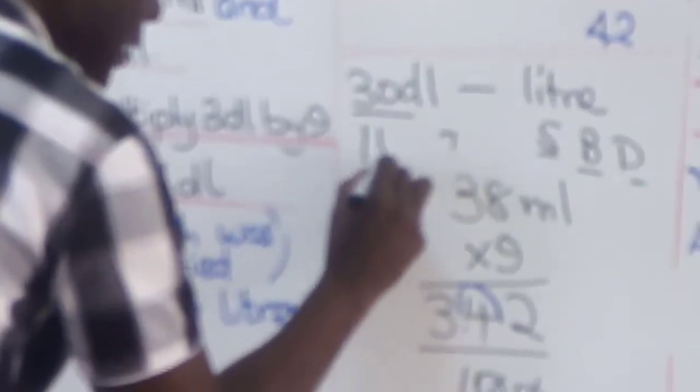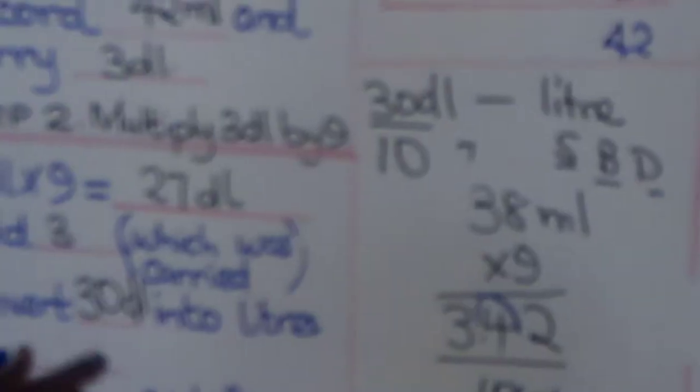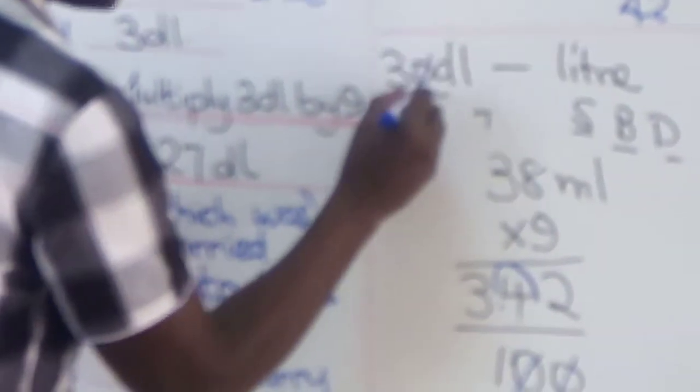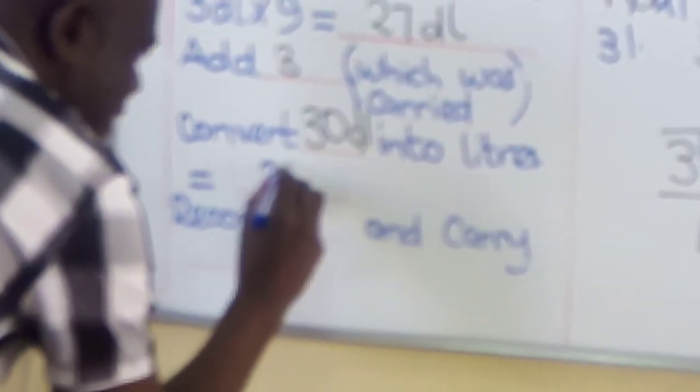So we divide by 10. Pay attention. 0 cancels 0, and so 3 over 1, which is the same as 3. So the answer is 3 liters.